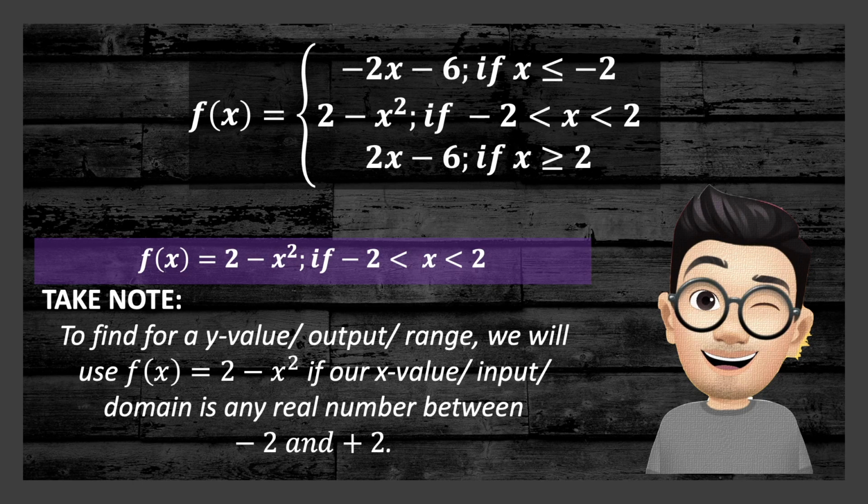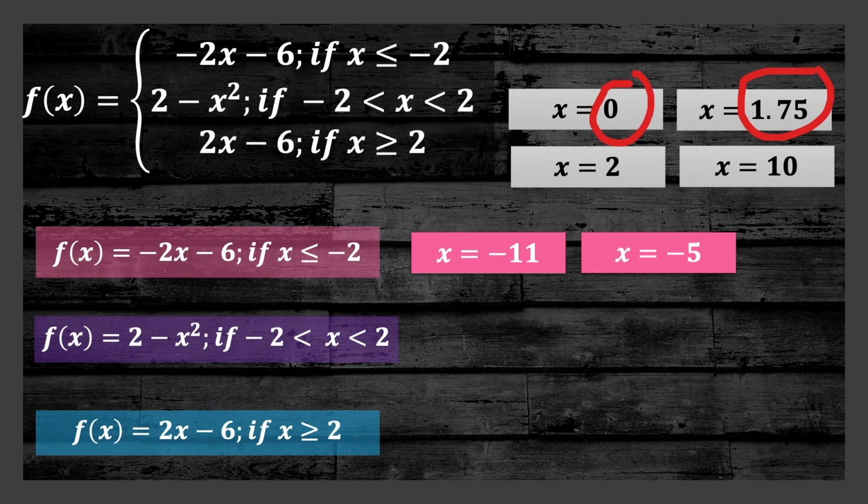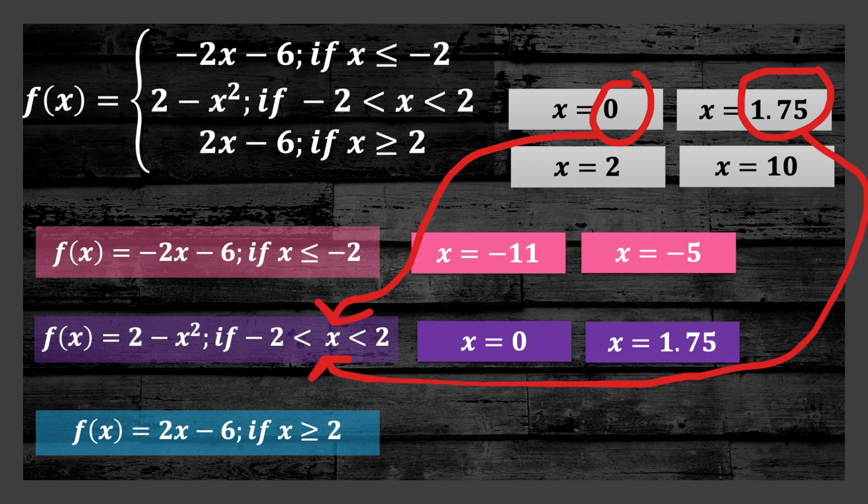Or if -2 is less than our x value, but our x value is less than +2. Since 0 and 1 and 75/100ths are numbers which are greater than -2 but less than +2, we will use the second subfunction of our piecewise function to solve for their y values.